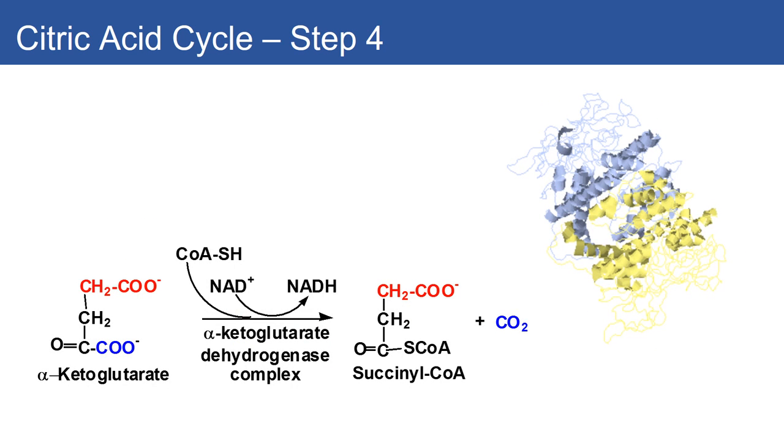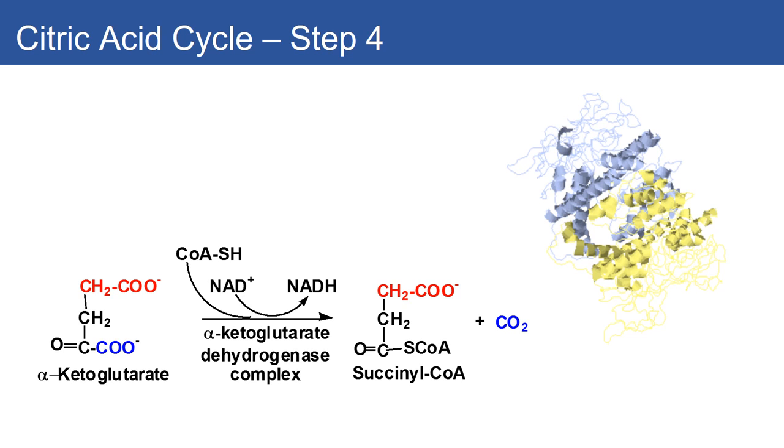Step 4. This is where we take alpha-ketoglutarate to the alpha-ketoglutarate dehydrogenase complex, and the result is succinyl-CoA plus carbon dioxide. It's a decarboxylation of alpha-ketoglutarate. Alpha-ketoglutarate dehydrogenase is also known as oxoglutarate dehydrogenase.